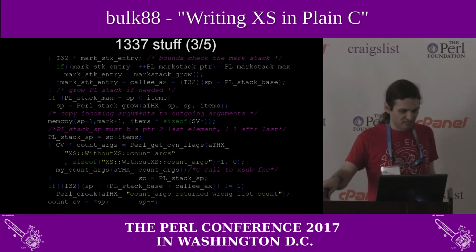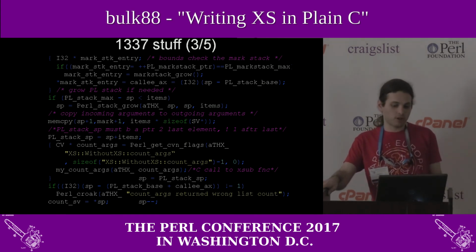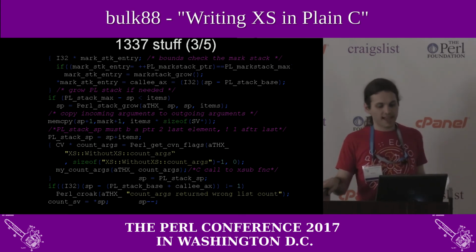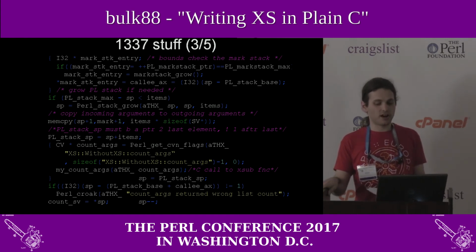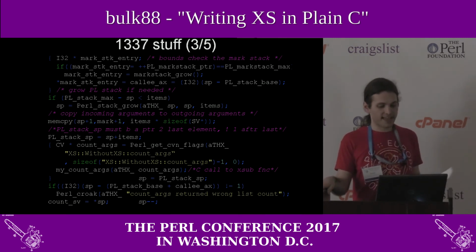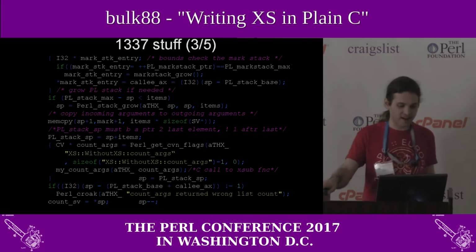After we call the child XSub, we have to again fetch from global PL_stack_sp the global stack pointer, reassign it to our local SP, and then based on the saved index earlier, we can compute how many arguments we got. If we didn't get one item in list context from this list count XSub, we fatally error.